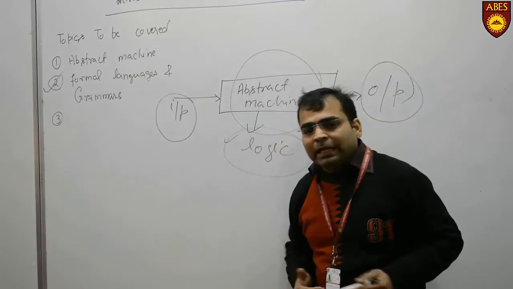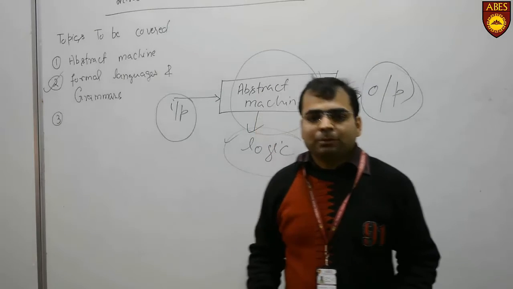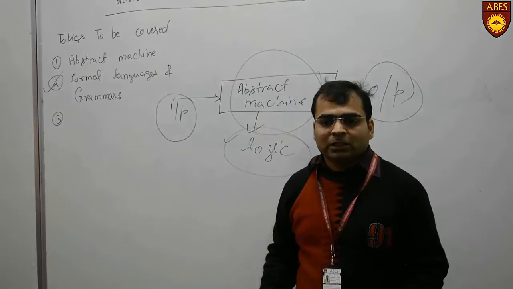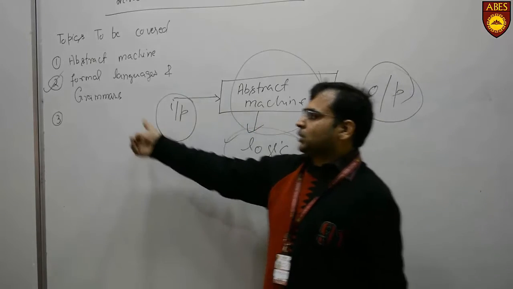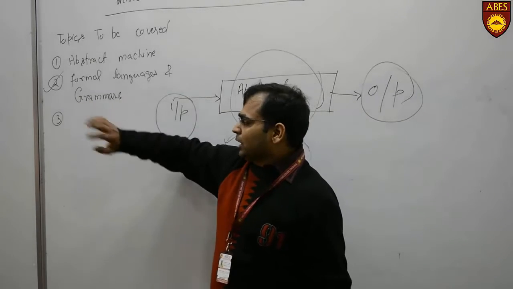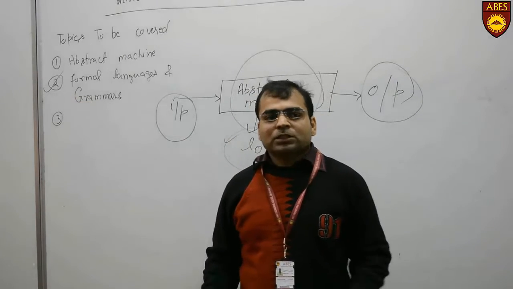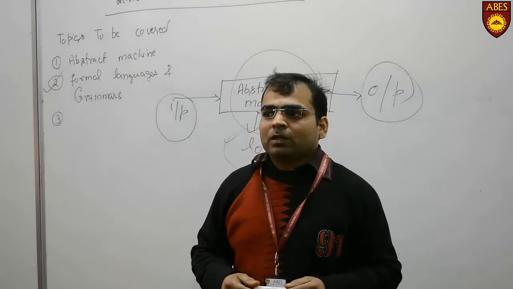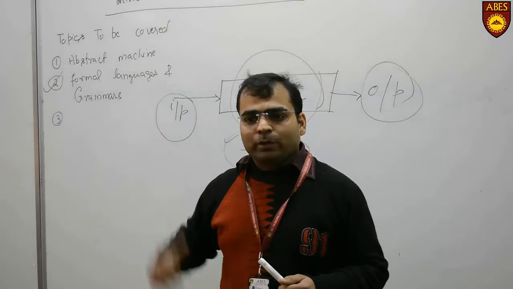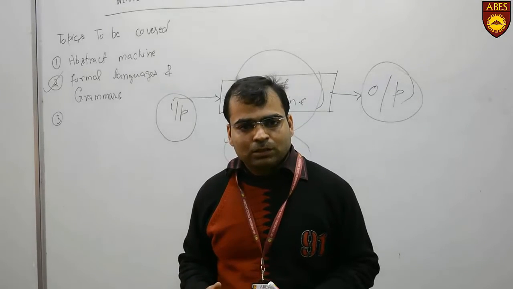Friends, we know that whenever we are designing our abstract machine, or certain logic, that logic can't exist without a grammar. Suppose we want a logical part that accepts a language containing only integers.